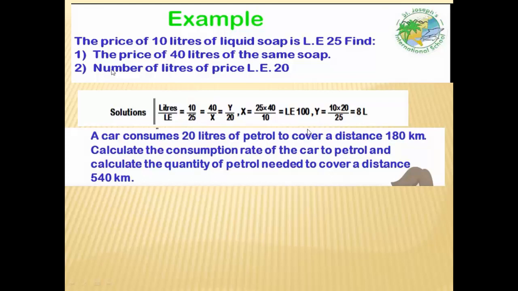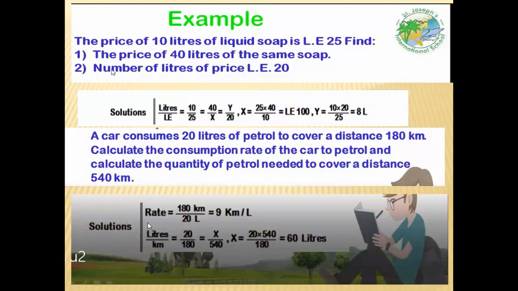For another example, a car consumes 20 liters of petrol to cover a distance of 100 kilometers. Calculate the consumption rate of the car to petrol and calculate the quantity of petrol needed to cover a distance of 540 kilometers. We have two different units, liter and kilometer. Then we can compare between two units like this.